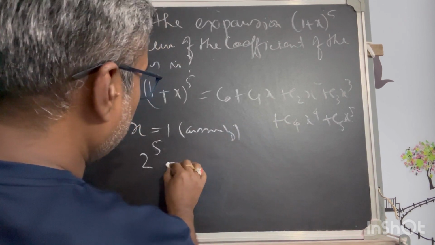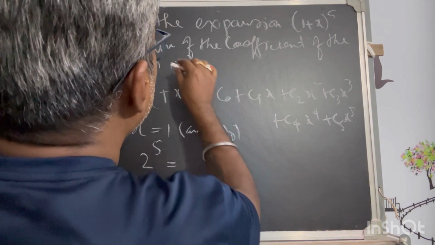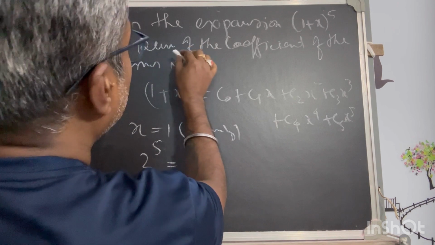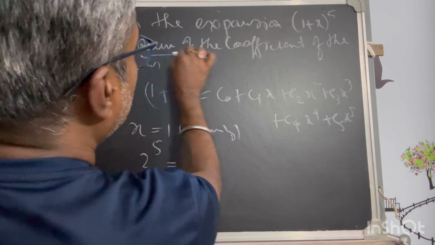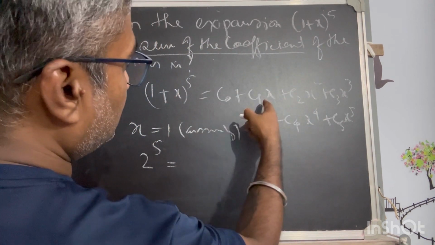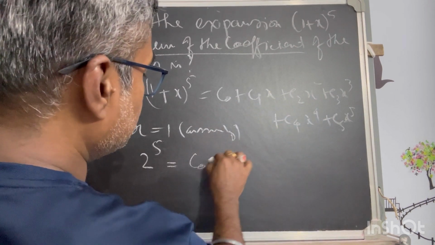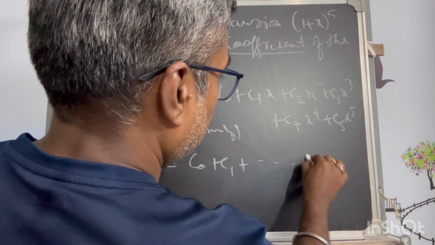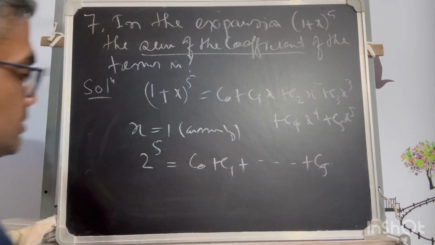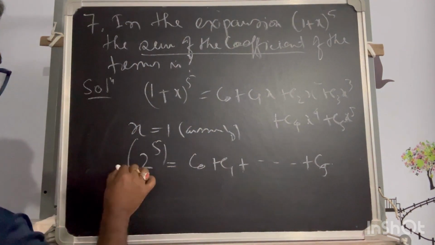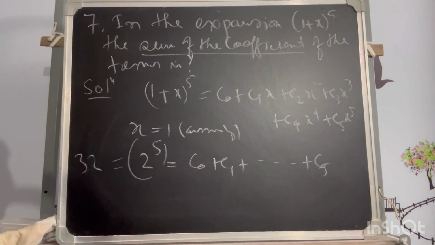Now that will give you the required demand of this question, that is the sum of the coefficients. So only if you remove x, you will get the sum of all the coefficients C0 plus C1 plus dot dot dot C5. That is the need, and now the result is with you, 32.